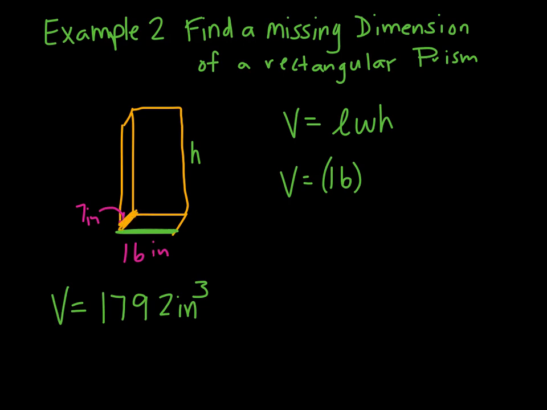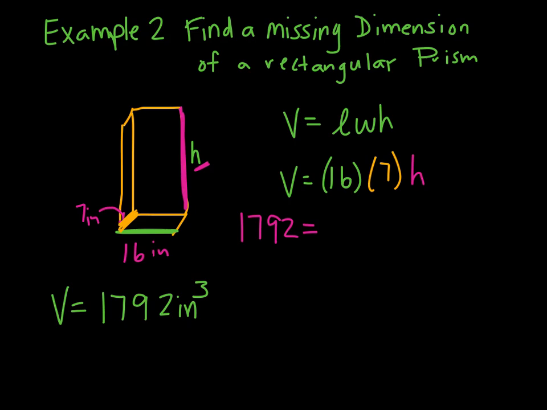Our width is right here, which happens to be 7. And our unknown, which is right here, is h. Do we know our volume? Yes. We know our volume is 1,792. It equals 16 times 7 times h.